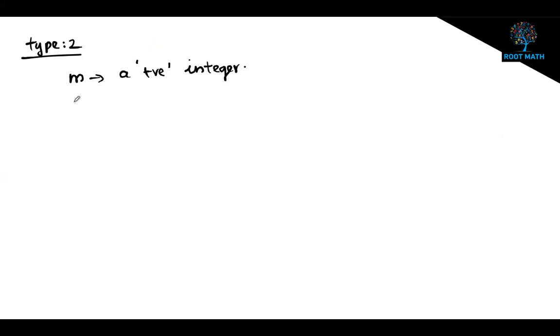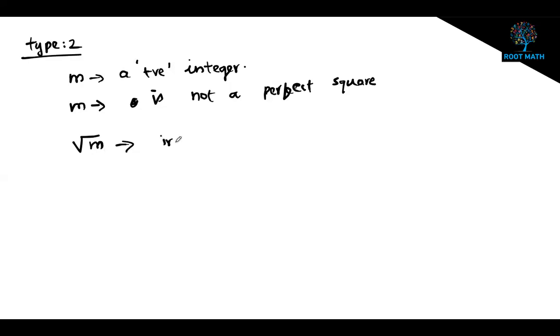At the same time, M is not a perfect square number. So if M is a positive integer and at the same time M is not a perfect square number, then these numbers are said to be irrational.